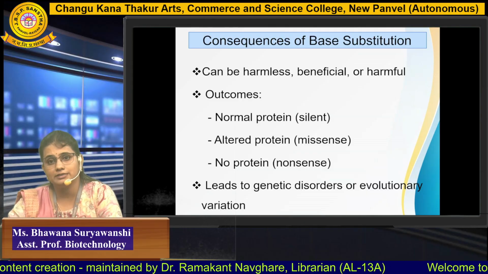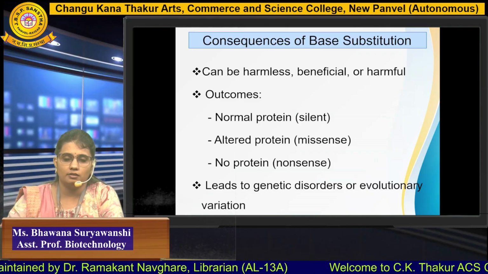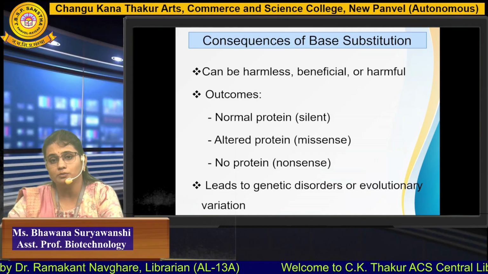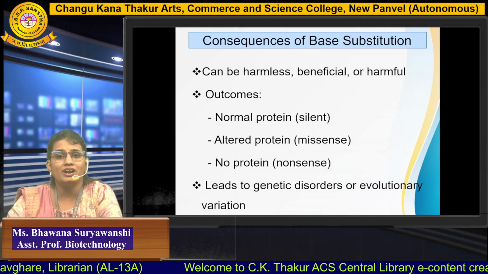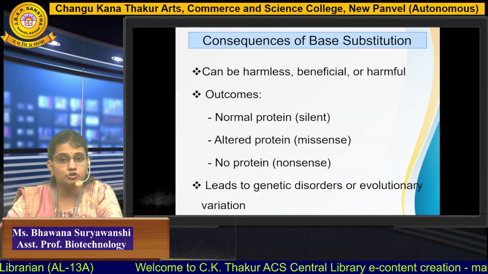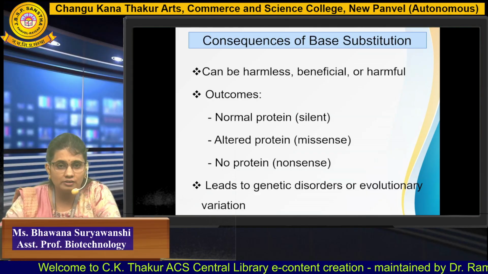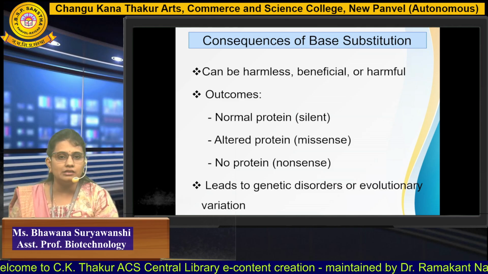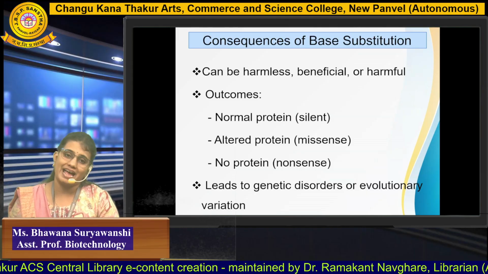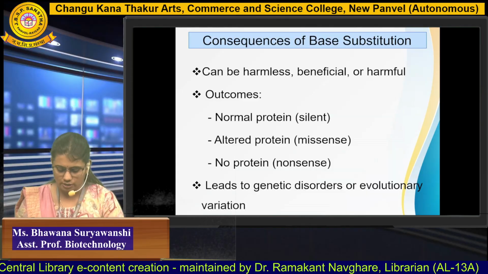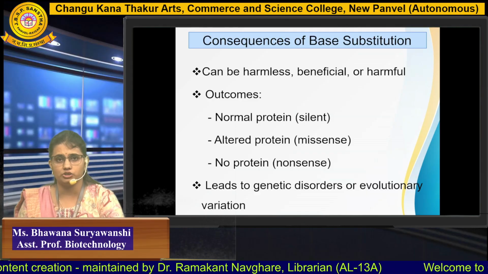Or if it is beneficial, some change is increasing the protein function, strengthening the wild type gene, making that particular cell more adaptable, so it may also lead to some positive effects. Those positive effects could be evolutionary variation, so changes in the alleles, changes in the gene may be beneficial to the organism at a higher hierarchy. Okay, so these are the overall consequences of base substitution mutation.